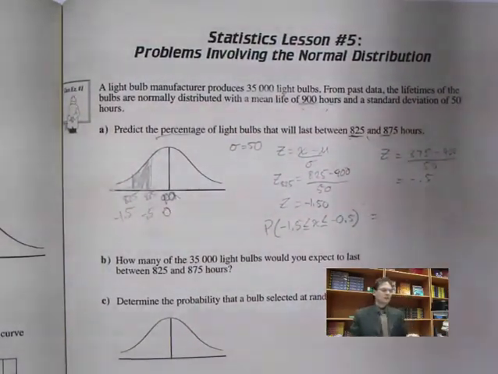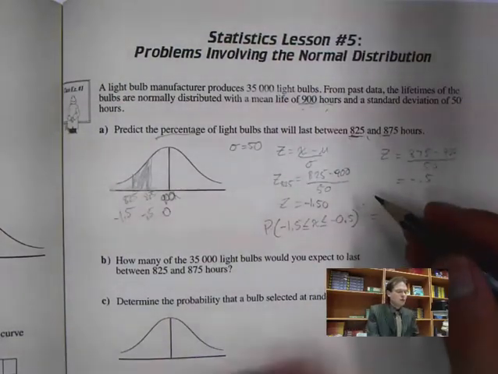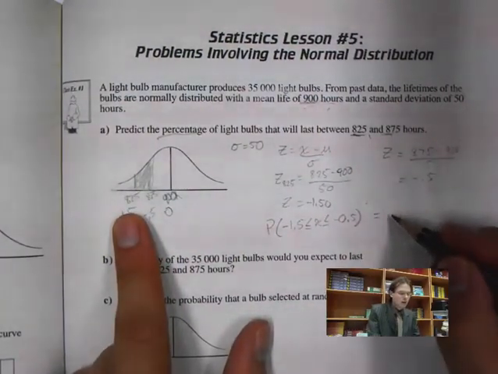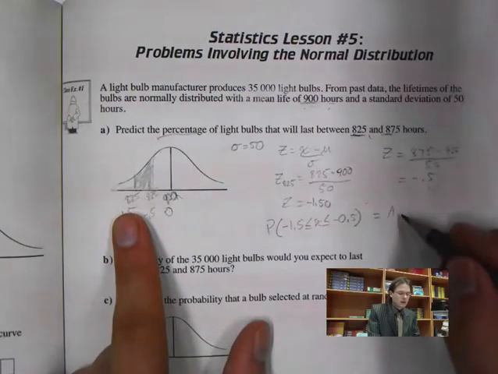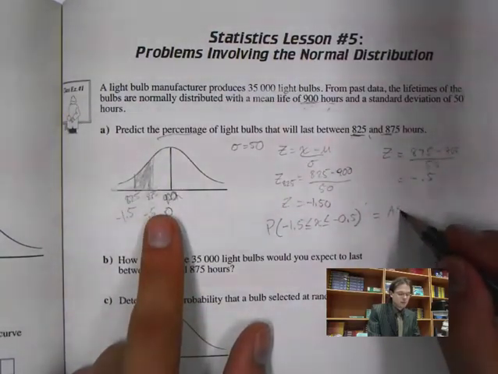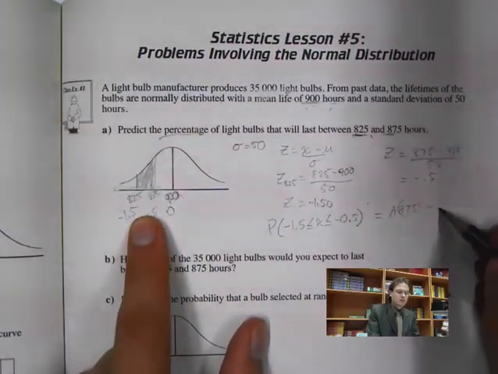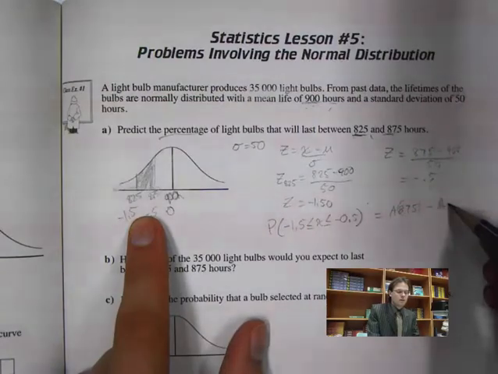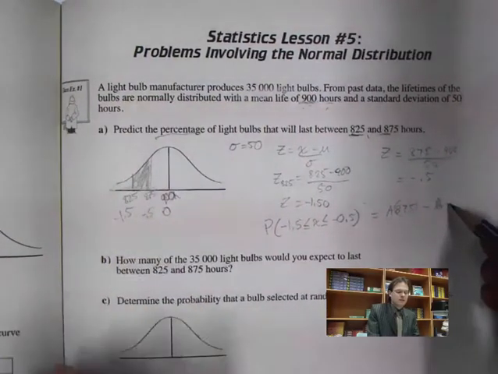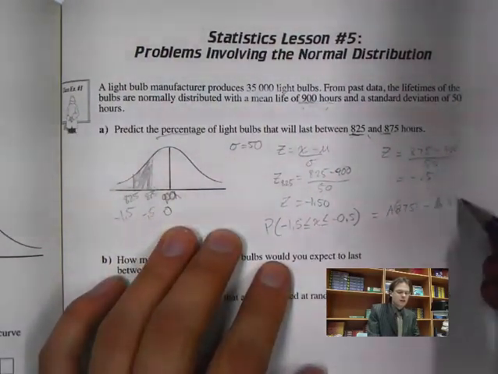You could also use the tables to look up the probability of each one, because basically we want the area under the curve for 875, which tells us everything to the left of 875, and subtract the area for 825, which is everything to the left of 825.